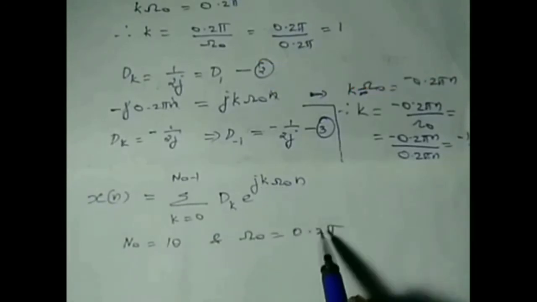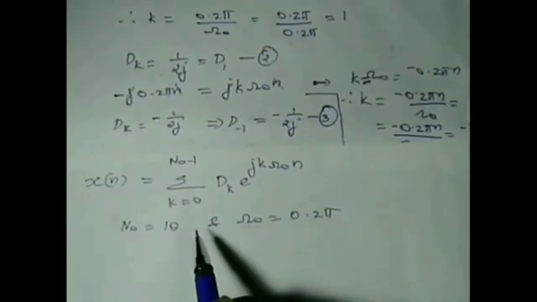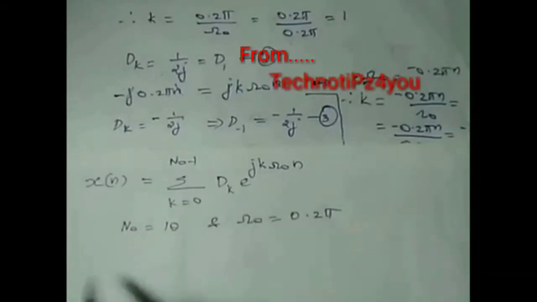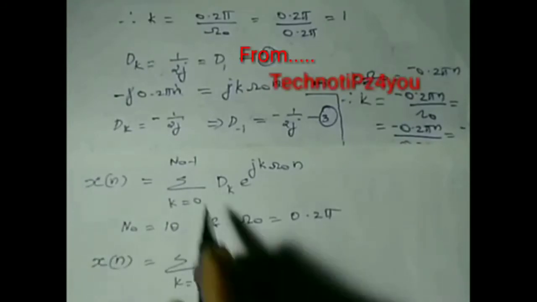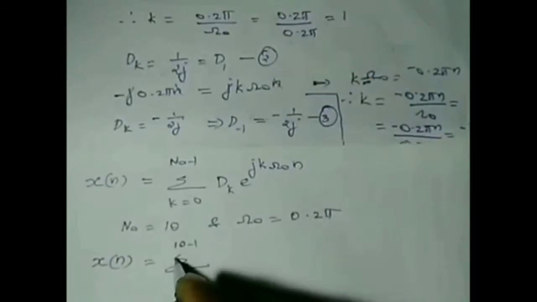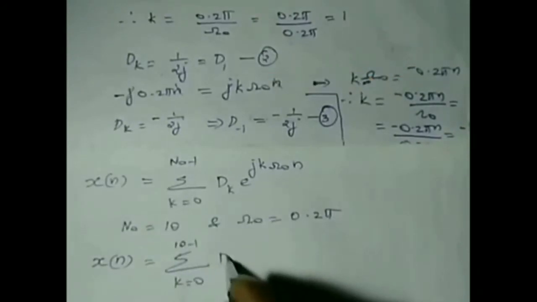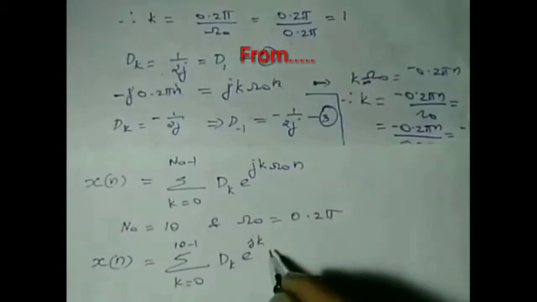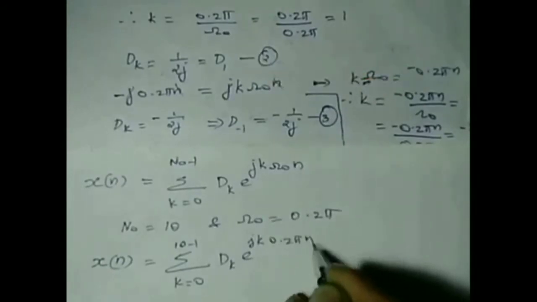Now I'm going to substitute the values of n0 and omega 0 in this basic equation. Then I'm getting x of n is equal to sigma k equal to 0 to n0 minus 1, which is 10 minus 1, followed by dk e raised to j k 0.2 pi n.